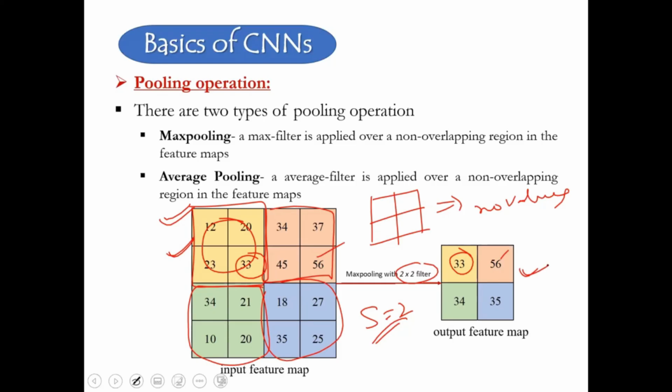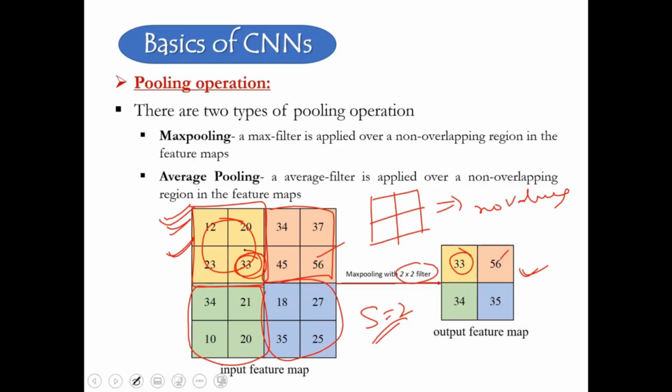From this it may seem that we are losing some information, but whenever we apply this operation, the information is not lost. Only the spatial resolution is reduced, but the information is extracted, because whenever we apply the convolutional kernel on the input, the highest valued pixel contributes the most to the output feature map.